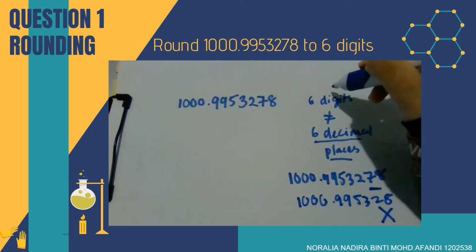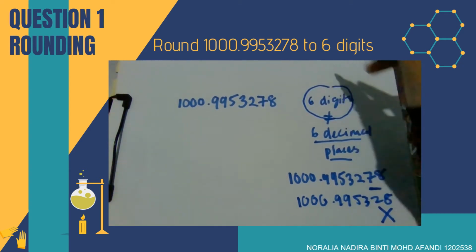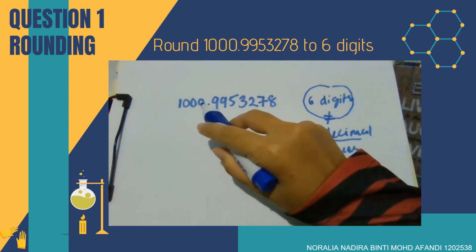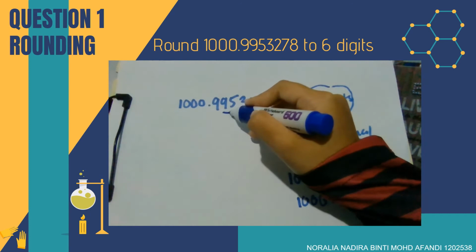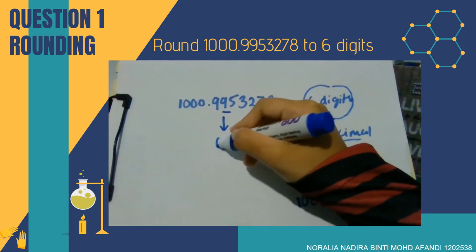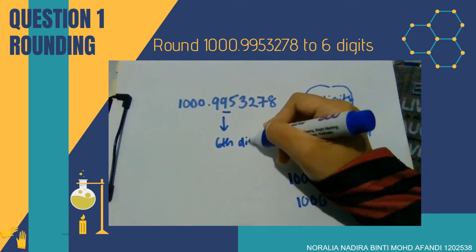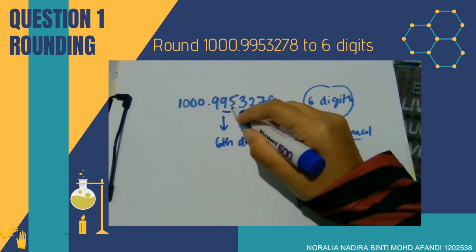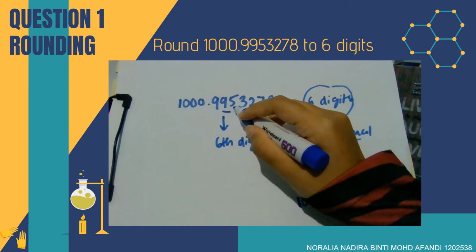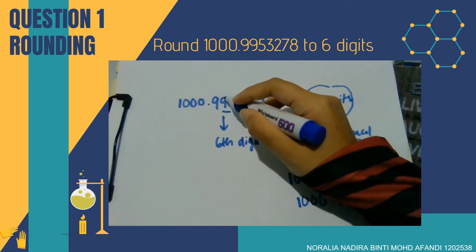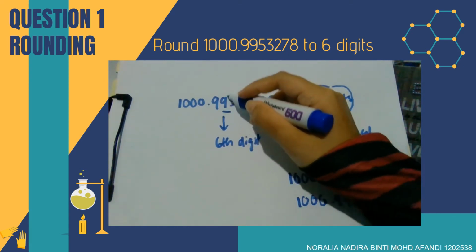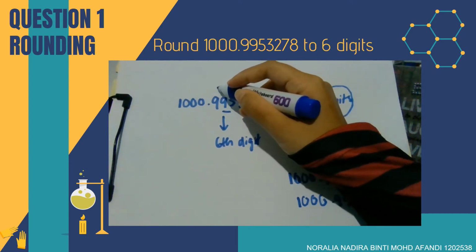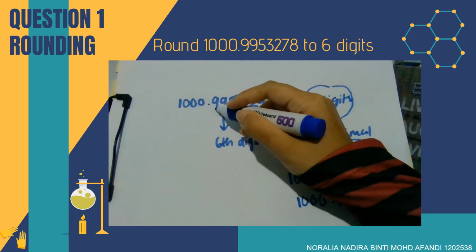Since the question asks for 6 digits, we will count from here. 1, 2, 3, 4, 5, 6. 9 here is the 6th digit. So we will look at the number beside the 9, which is 5. So we will have to round up. But since the 6th digit is 9, we will also round up the number here, which is also 9.